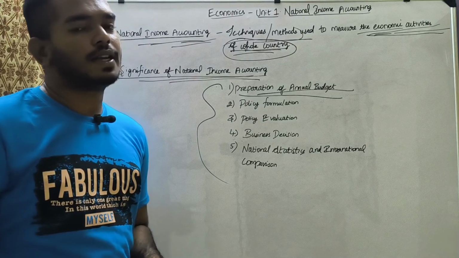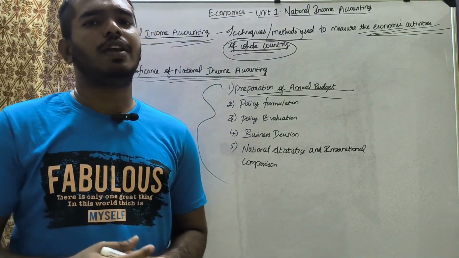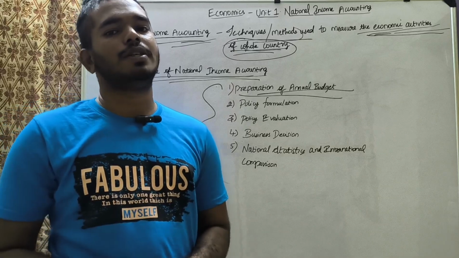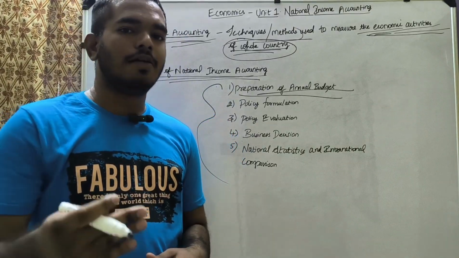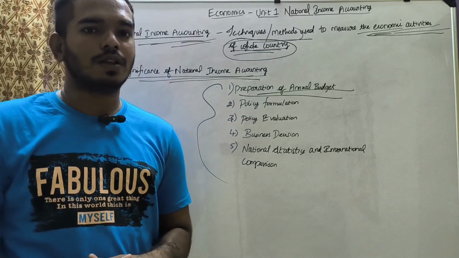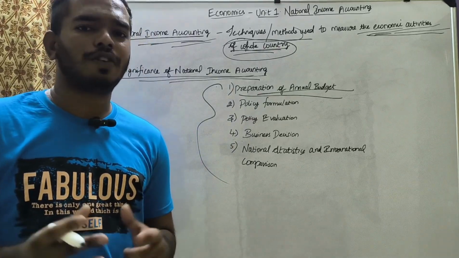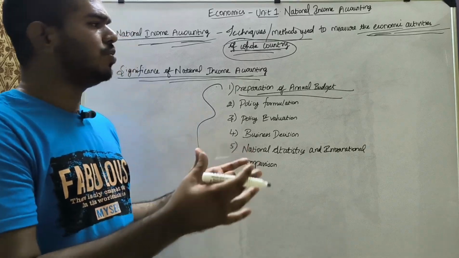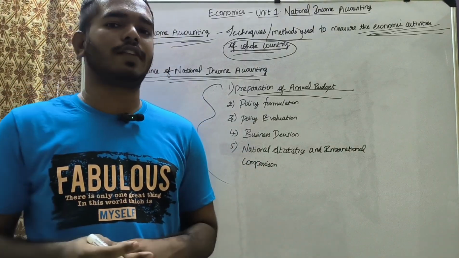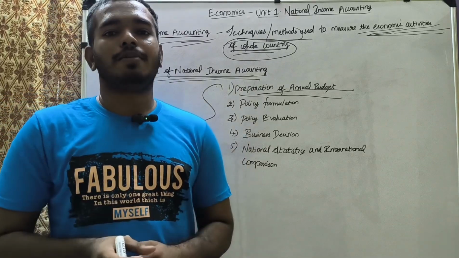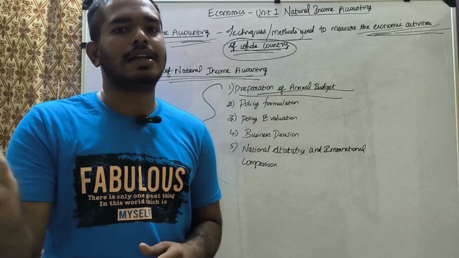The first thing is the presentation of the annual budget. We know that every year our government presents an annual budget in Parliament, and such a budget consists of the income and expenditure of various sectors. To know about the income or the expenditure of each sector, we need to calculate the national income or the income of that sector. Take for example the agriculture sector.